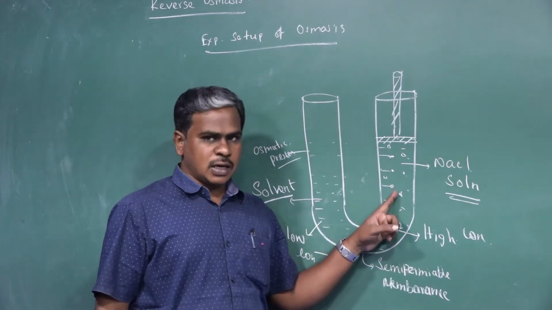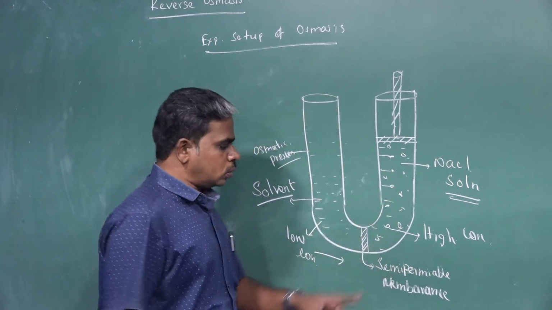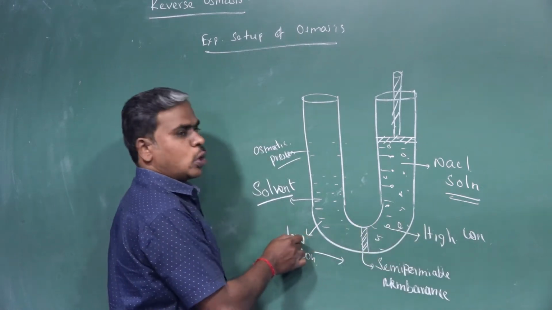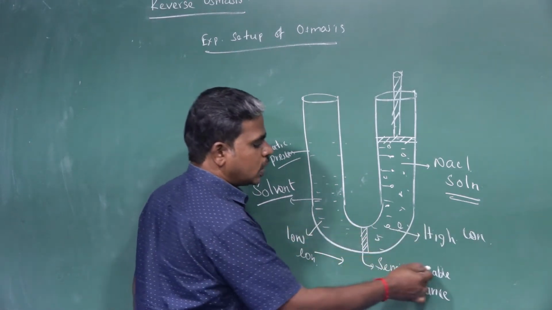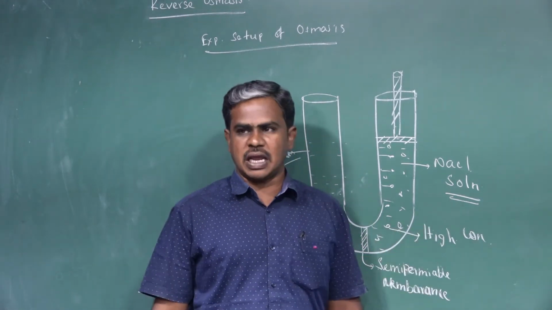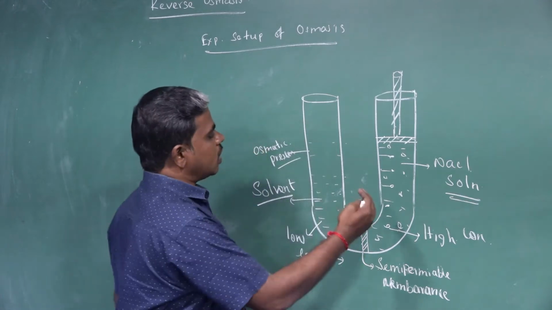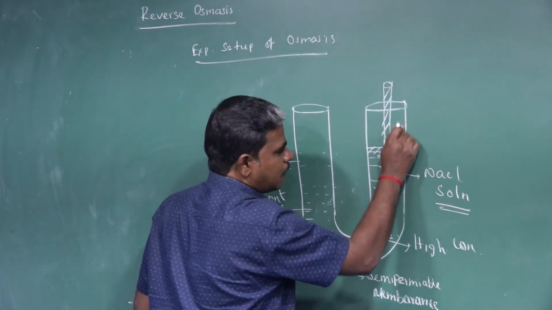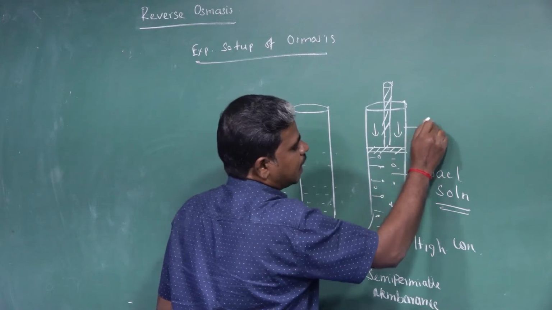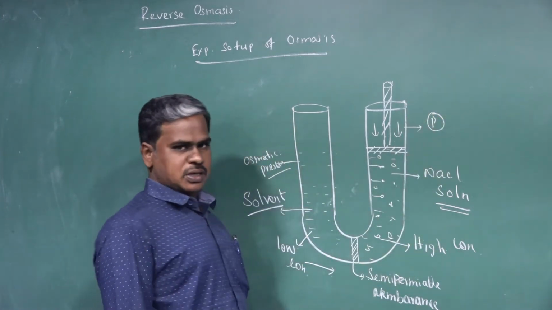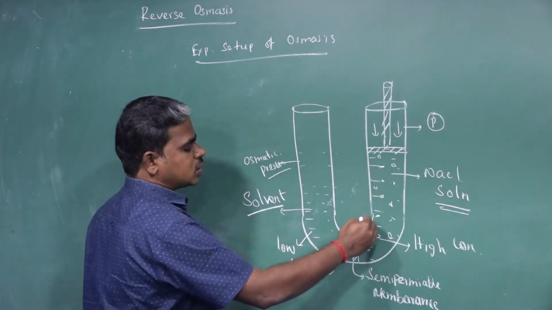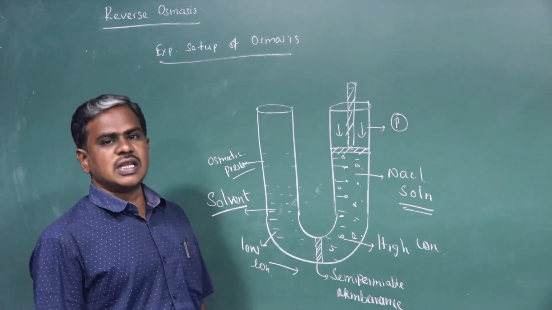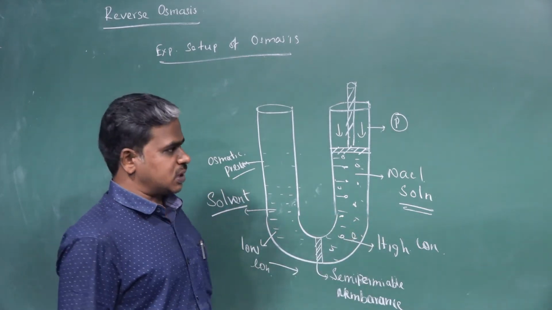Here the solvent particle moves from highest concentration to lowest concentration through the semi-permeable membrane, which is known as reverse osmosis. By applying external pressure, the pure solvent molecule moves from high to low concentration.